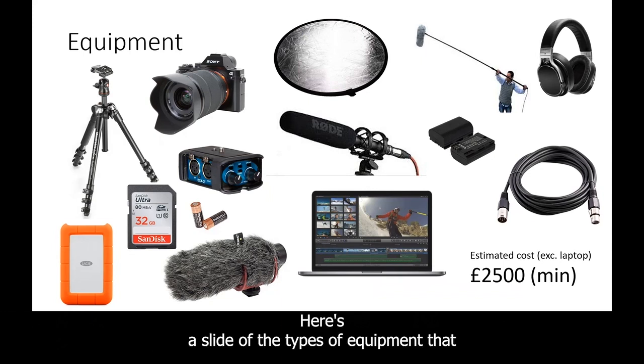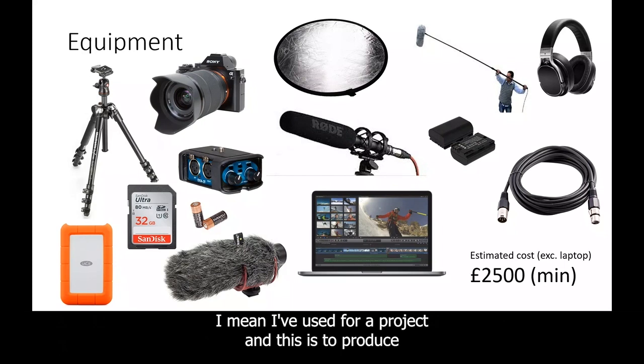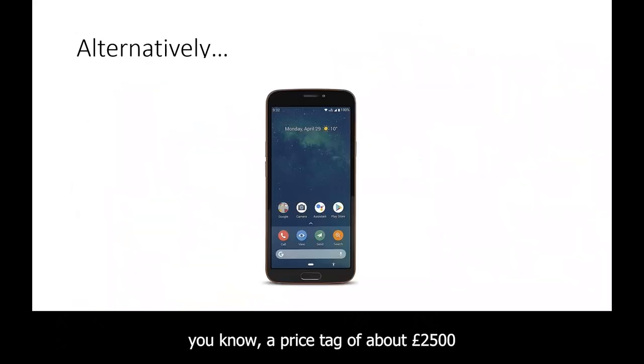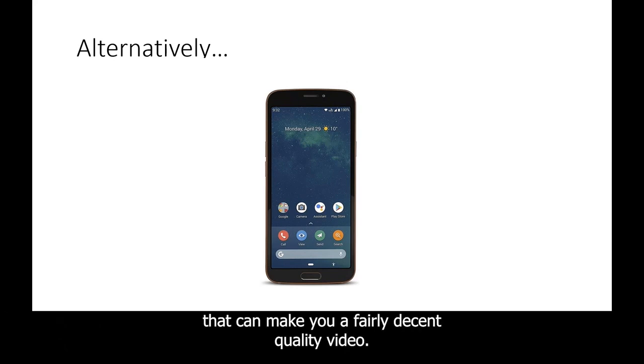Here's a slide of the types of equipment that I've used for a project, and this is to produce a fairly good quality video. For a price tag of about £2,500, you can get a fairly good quality kit that can make you a fairly decent quality video.